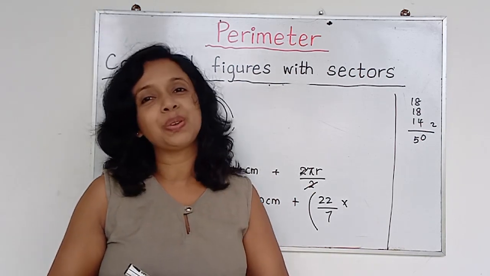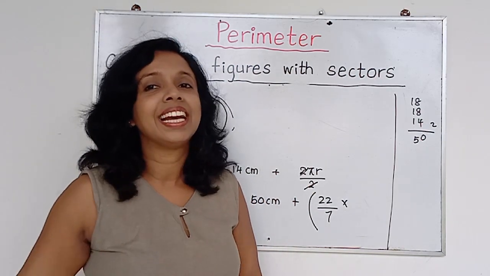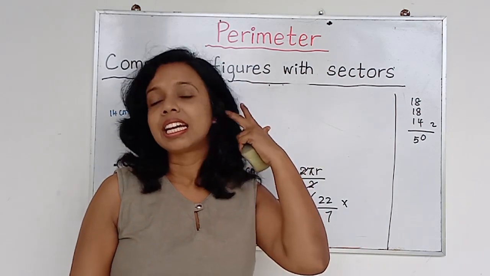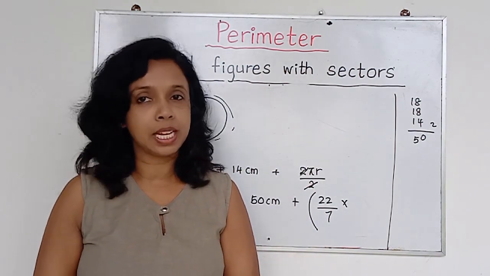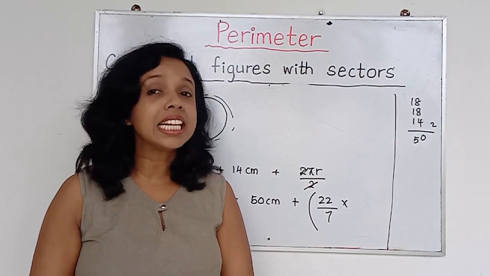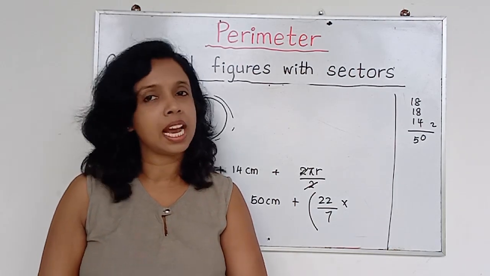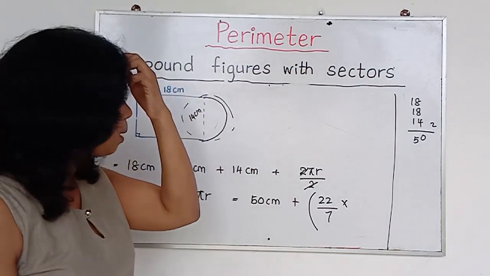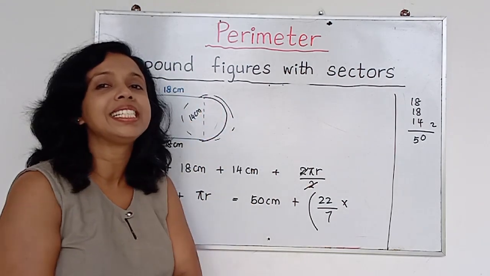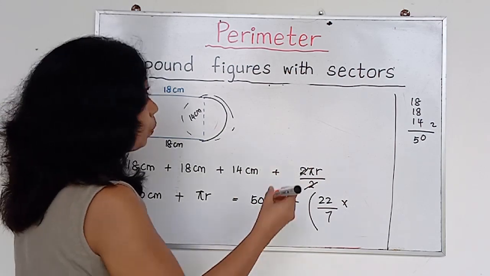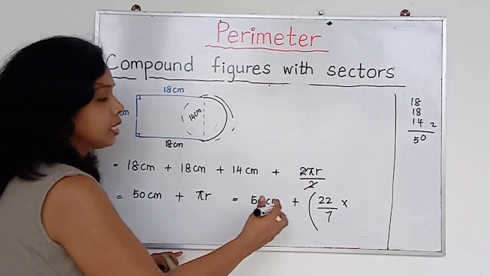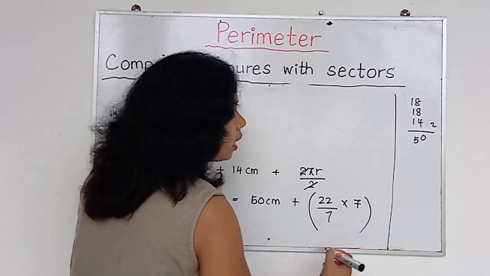Now already you know the relationship between the diameter and the radius. Diameter equals 2 times r and radius equals half of the diameter. Now tell me, if the diameter is 14 centimeters, what is the r value? It should be 7. So instead of this r, now I write 7.